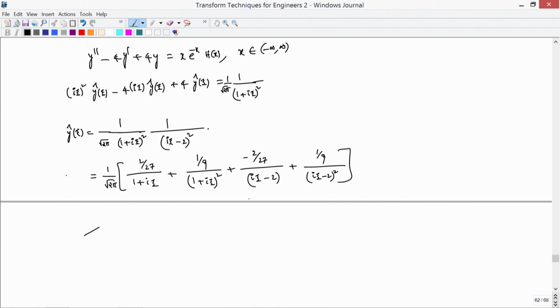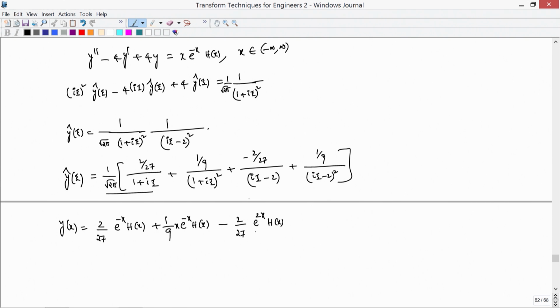So, this is exactly our y cap of xi, and if you invert this, the first term will give me 2 by 27 e power minus x h of x, plus 1 by 9 e power minus x into x h of x, and then minus 2 by 27 e power 2x into h of x because of minus 2.